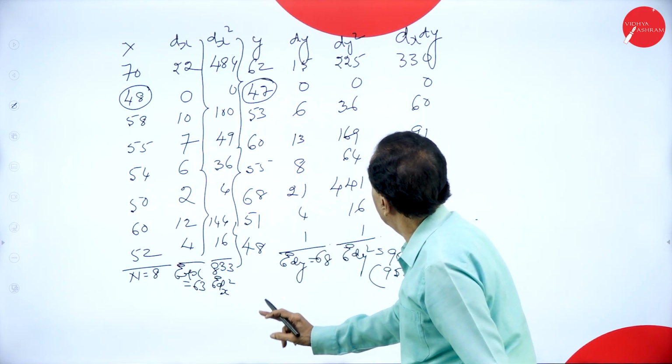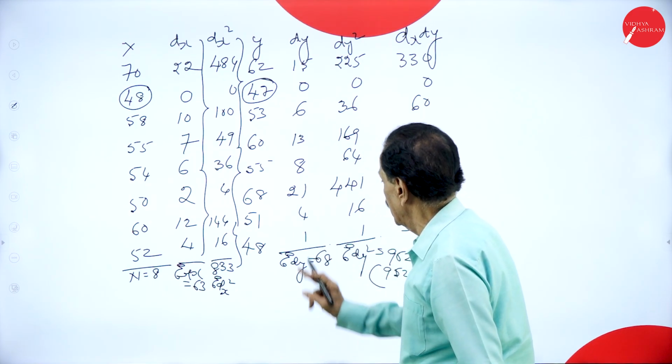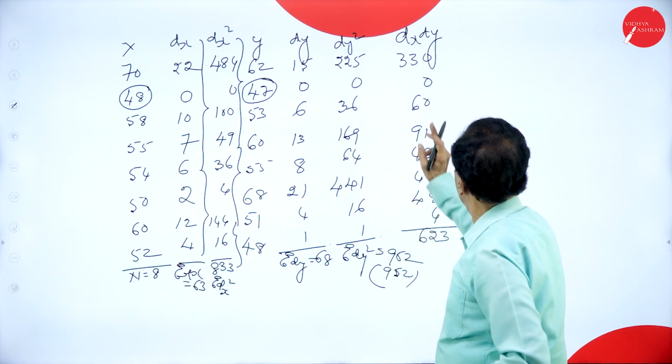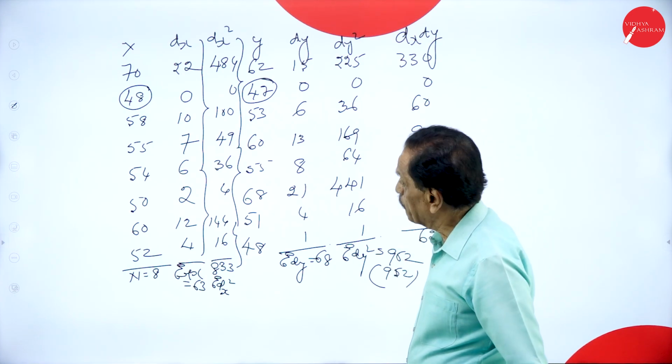So you have got sigma dx, sigma dy, dx square, dy square, dx dy. We'll apply.